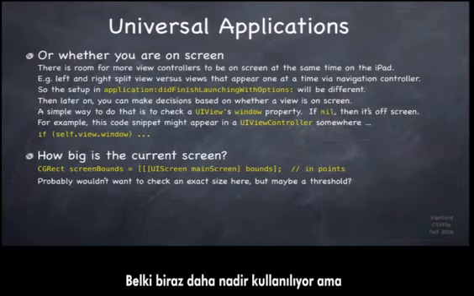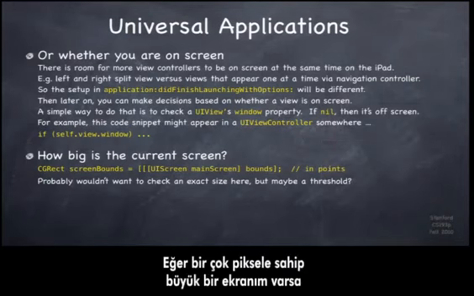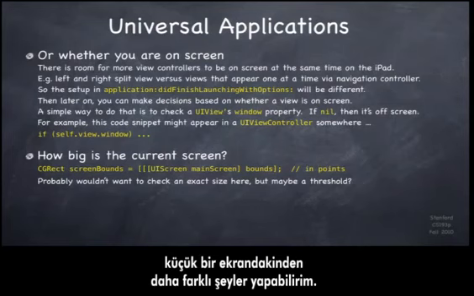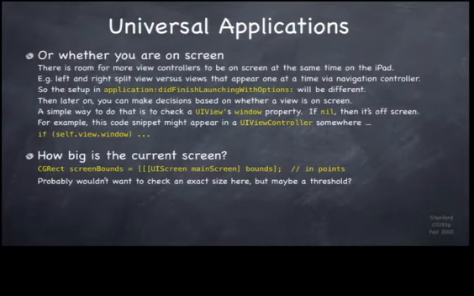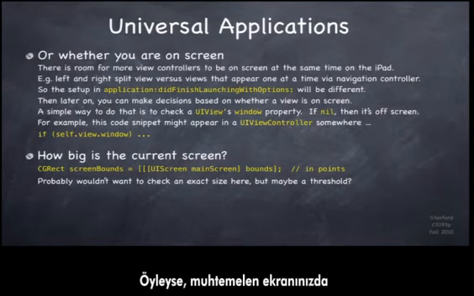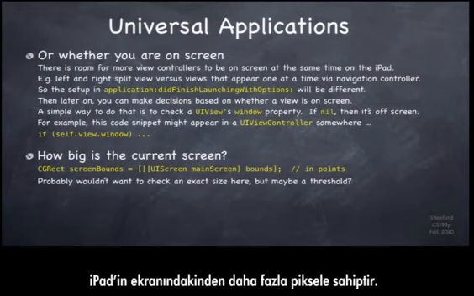Another conditionality, maybe pretty rare, is how big is my current screen? If I'm on a big screen with a lot of pixels, maybe I do something a little different than if I'm on a small screen. Here, you would probably want to find out your screen size in points, not pixels, because actually an iPhone 4 has more pixels on screen than an iPad does.